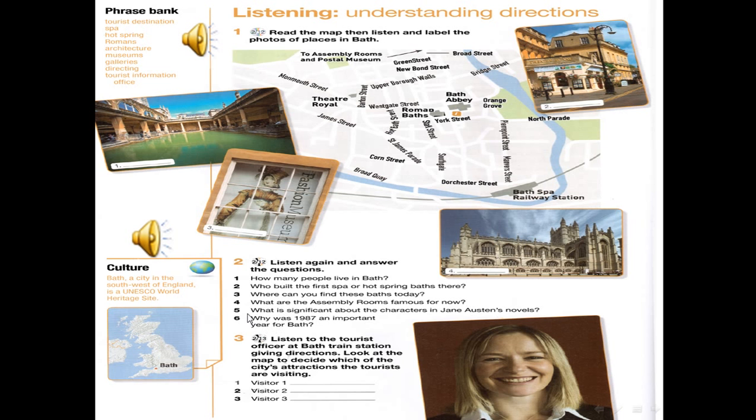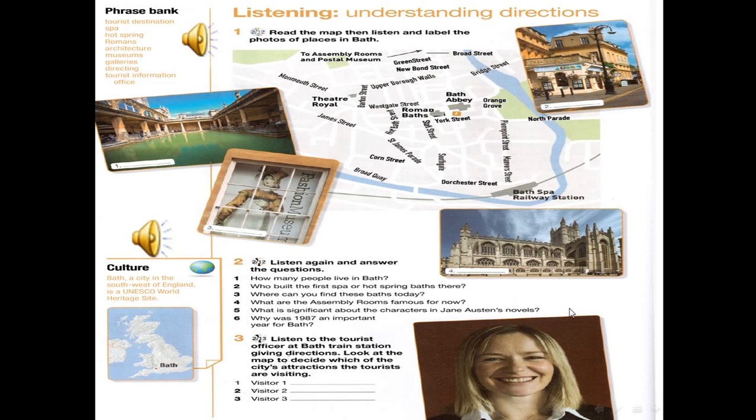Number 5. What is significant about the characters in Jane Austen's novels? What's the attraction in her novels? The answer, her characters describe many places that visitors can still see today.